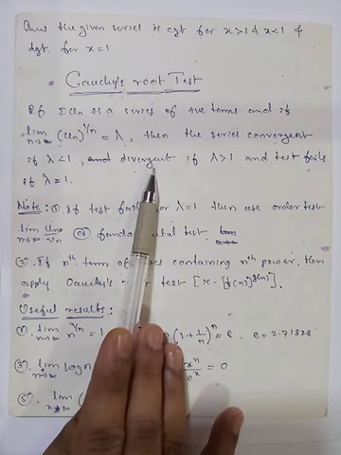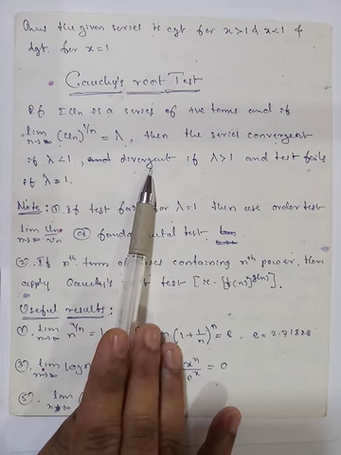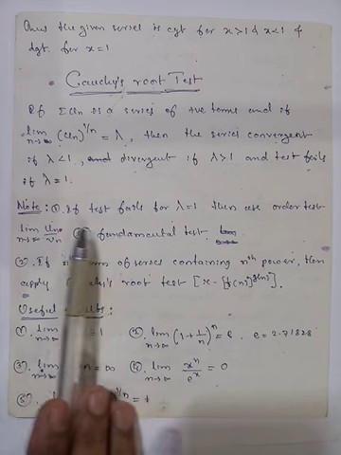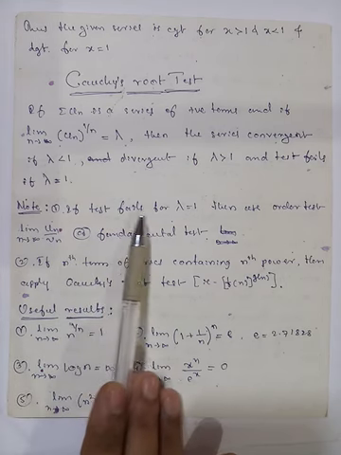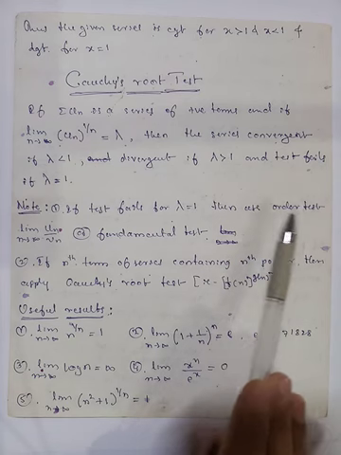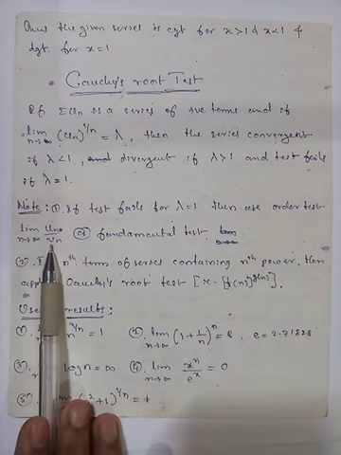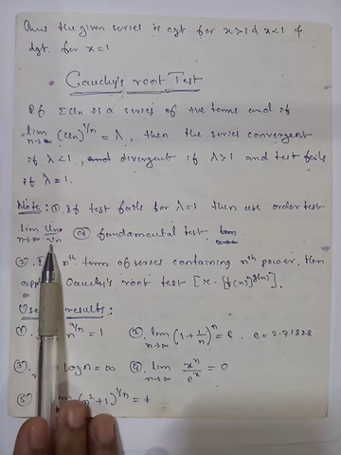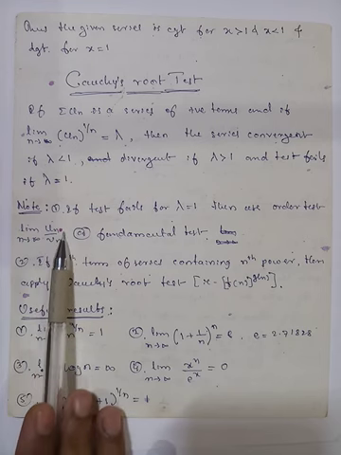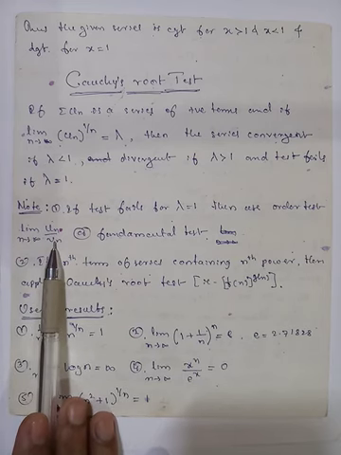So then there is another procedure to check the nature of the infinite series. Here it is: if the test fails for lambda equal to 1, then use the other test. What is this test? This is nothing but the comparison test, which we already discussed in the previous video.